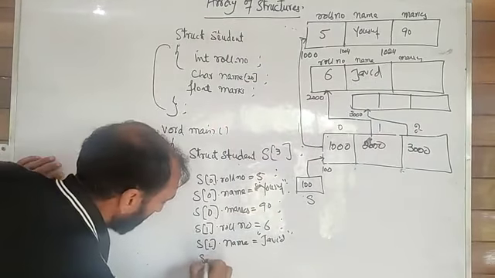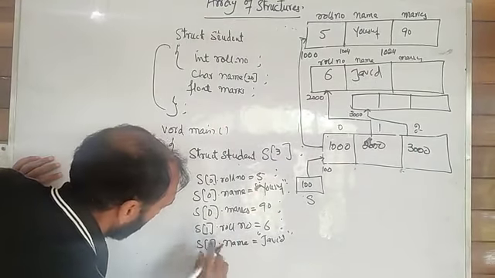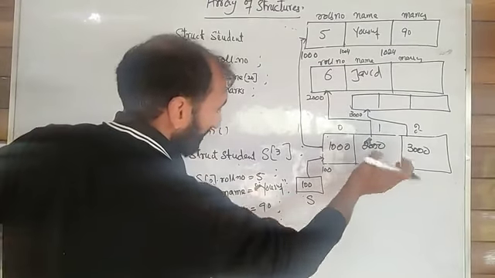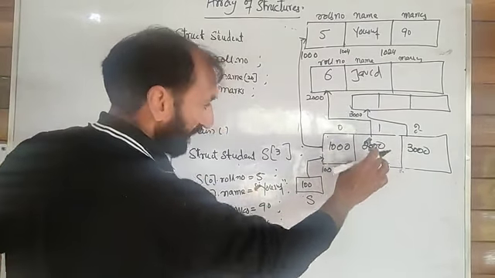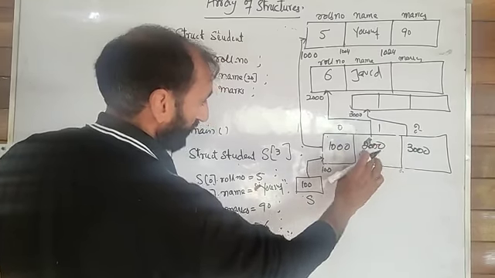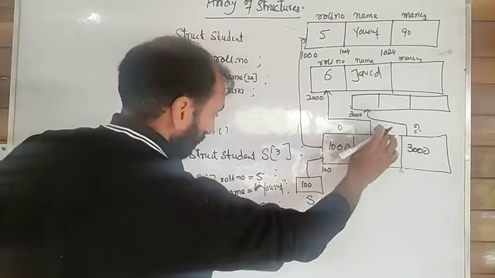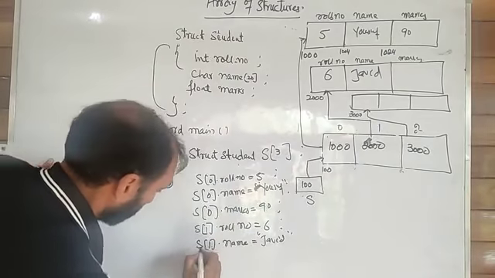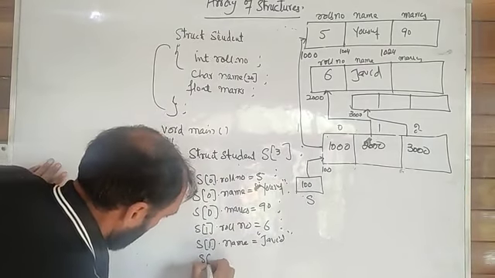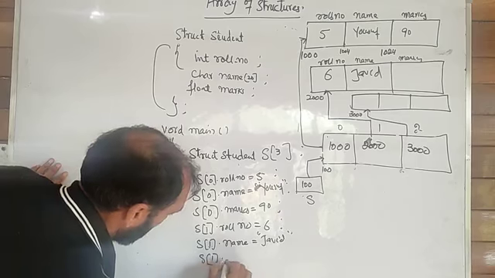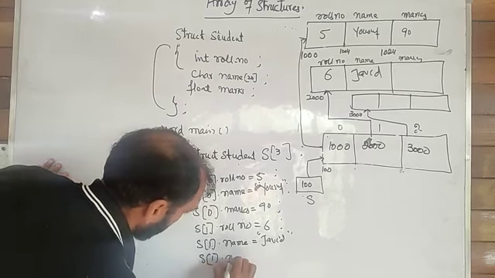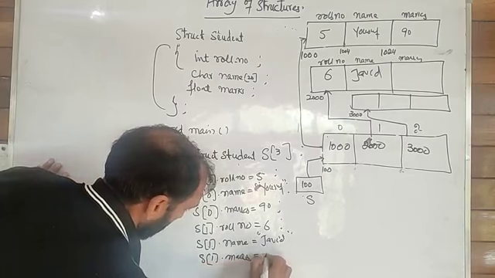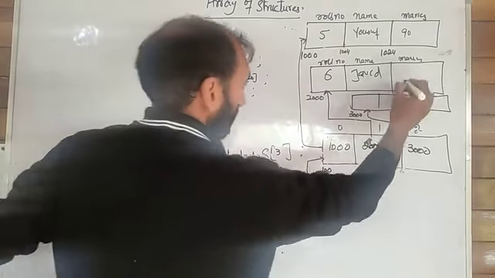And in the same way, S of 1, because we are accessing the members that are associated with this student, S of 1 dot marks equal to 80.